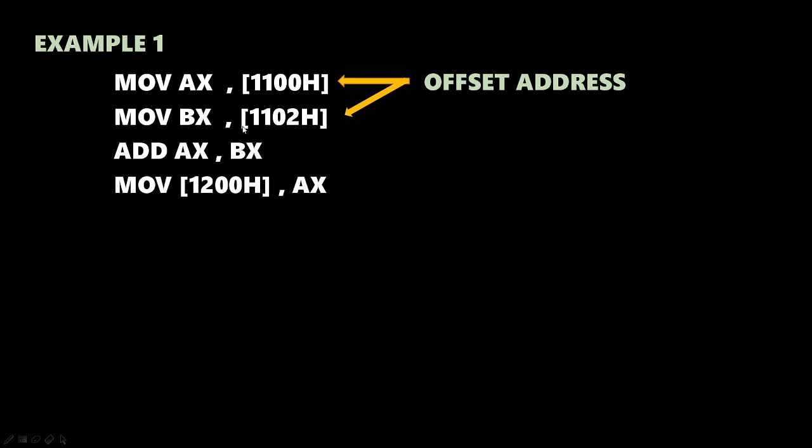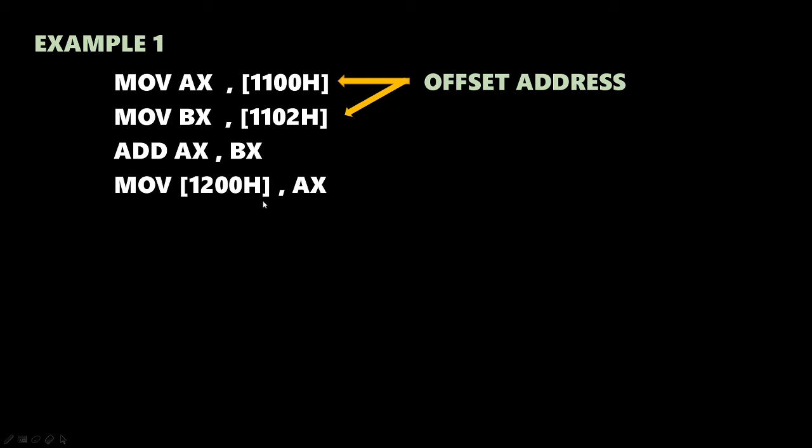Similarly, for move BX, 1102H, this 1102H is also an offset address in our memory, and by this instruction we are accessing that location directly and storing the value which we have in this location in our BX register. And then we did add AX, BX.